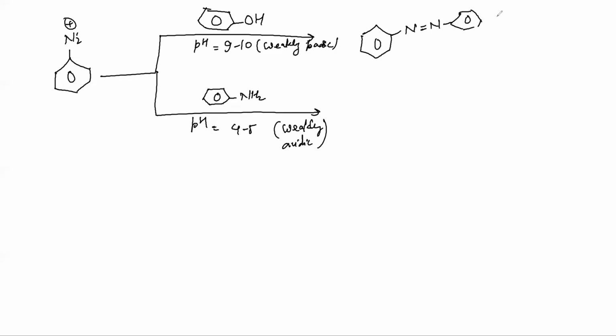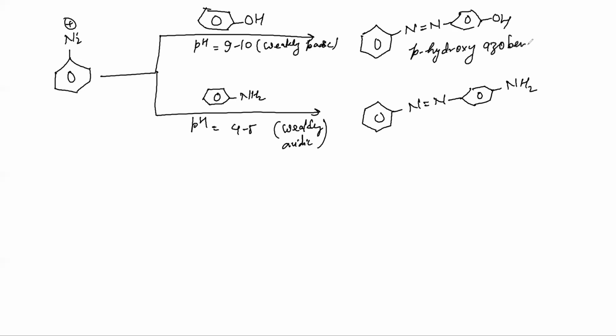Here you will get this OH, and here you will get this NH2. The first one, we call this molecule para hydroxy azobenzene.